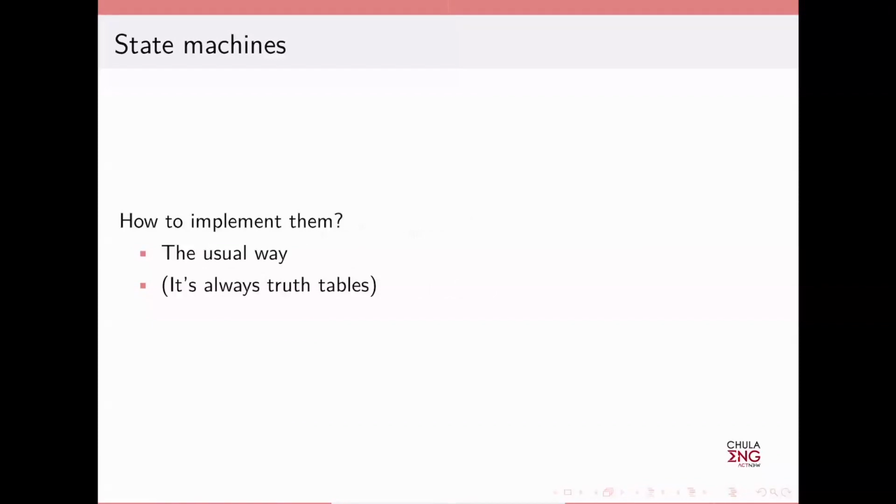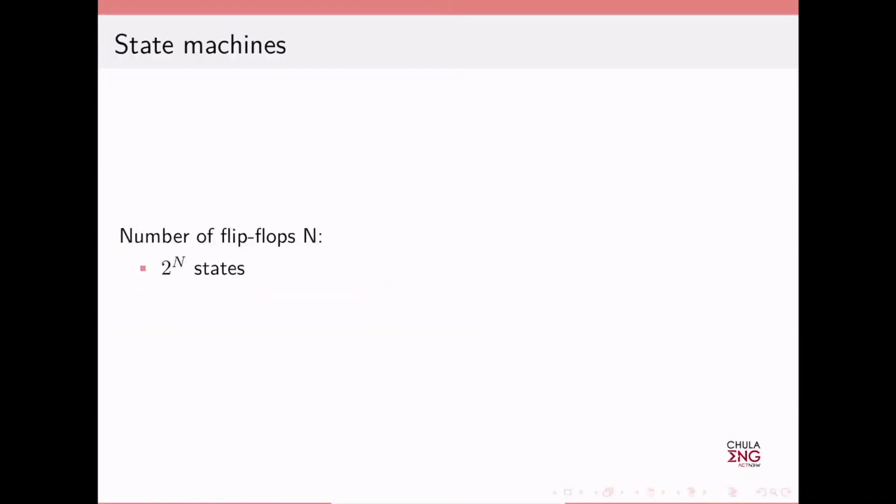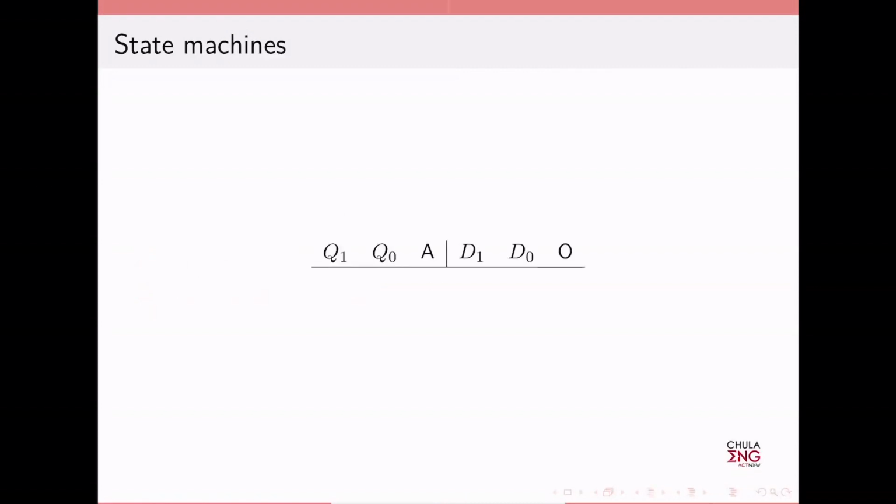From the state machine that we have, we can write the truth table out of it. So we have 4 states, so we need 2 flip-flops to store the states, right?